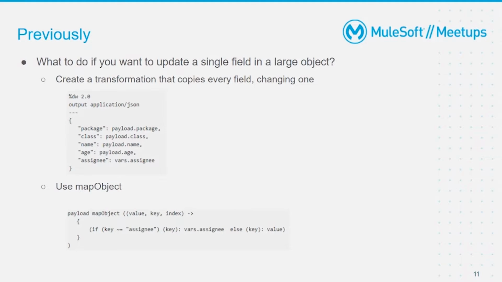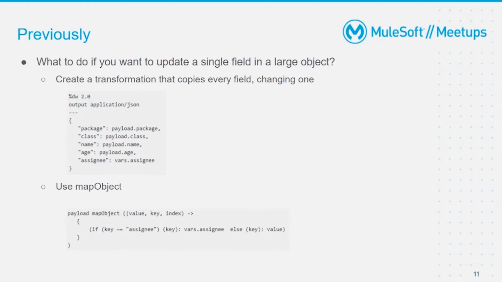And it's also not necessarily the easiest to read or the easiest to understand what this is doing. If you're skimming through someone else's DataWeave code and you see a map object, you tend to assume that they're doing some sort of large edit on the object and not just updating the value of a single key. So having a better way to do this would certainly be helpful.